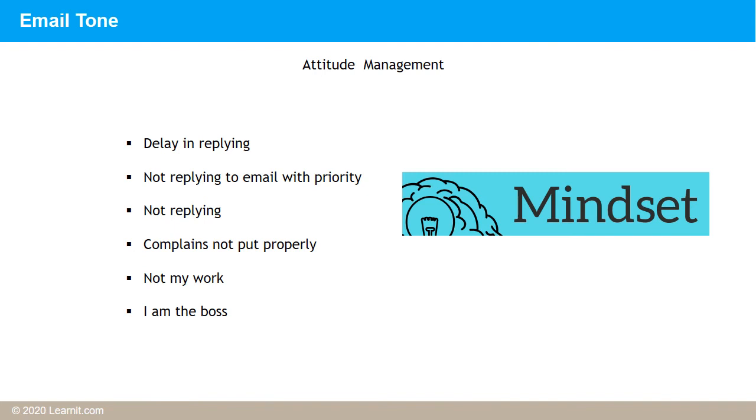Also, a very important one: when you are a boss, when you are a manager and you have a team, people are already afraid of writing an email to you, right? They think 100 times while writing an email to you, and you know that they are afraid of you in some way, maybe because of your designation only. In that case, you need to be very careful while writing the email. So, do not have that mindset as well.